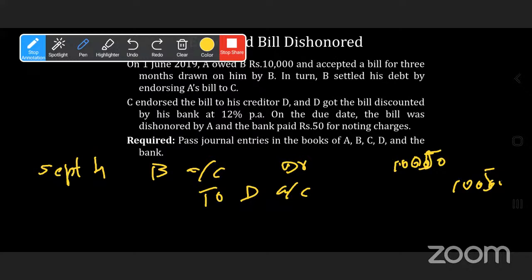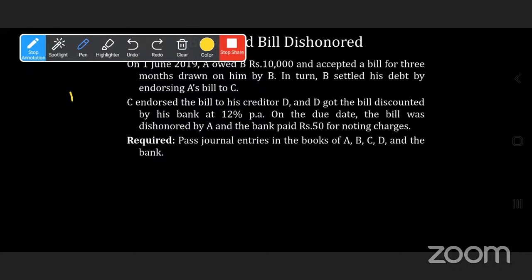Okay, ma'am. Now let us see the journal of D. On June 1st, C endorsed the bill to D. When C has endorsed the bill to D, what is the transaction you have to make?